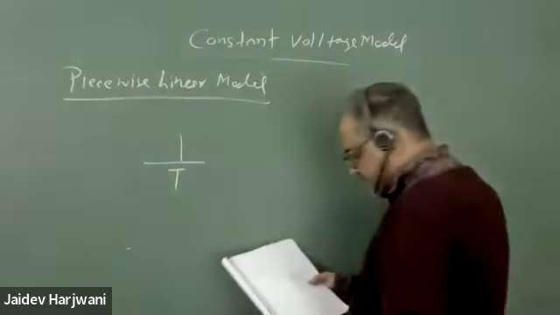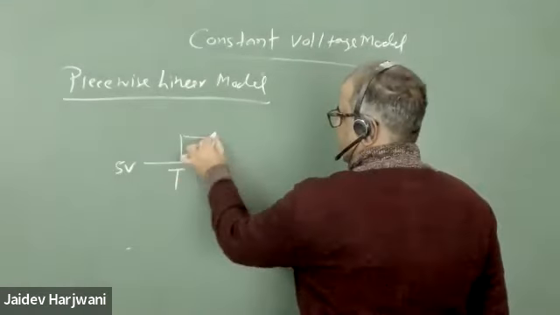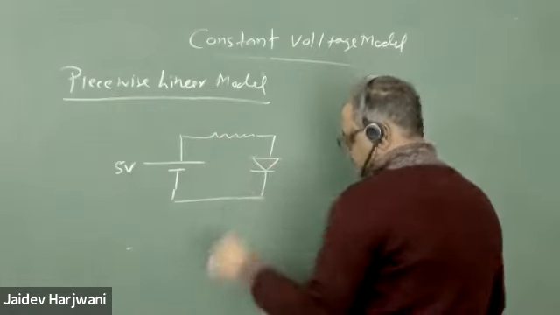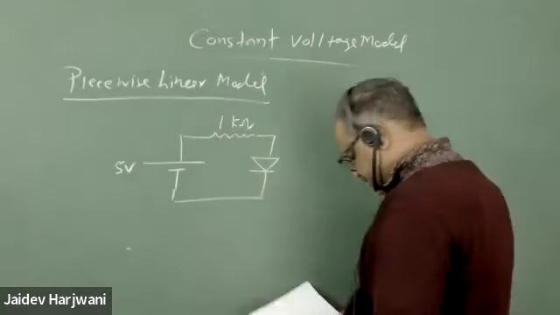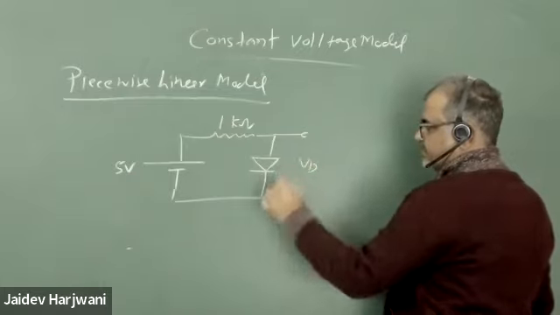Now you have been given a 5 volt source, you have 1 kilo ohm, and then you have here VD.